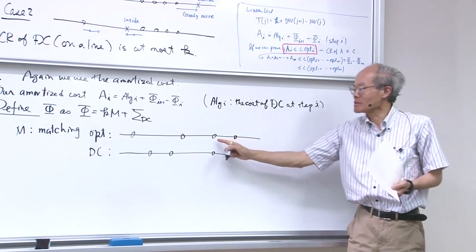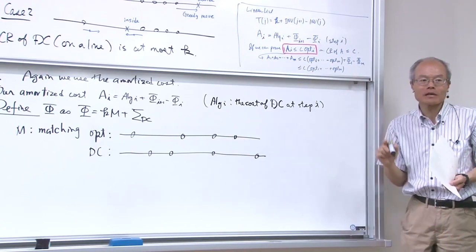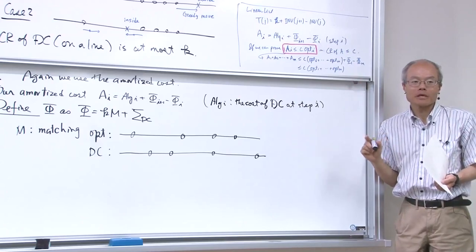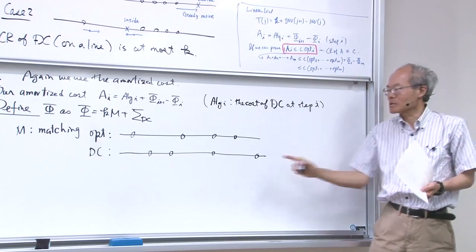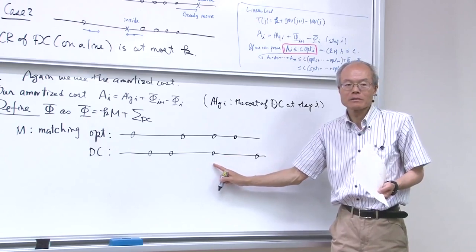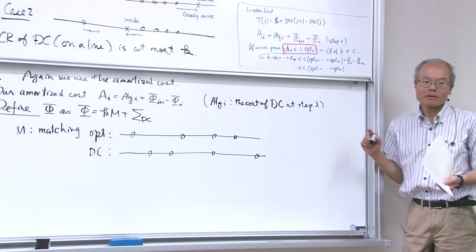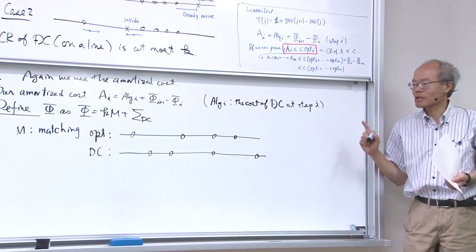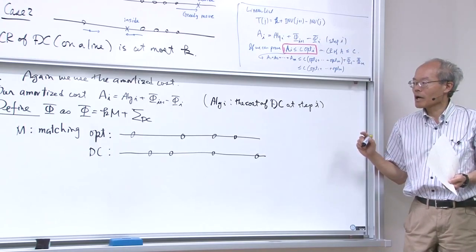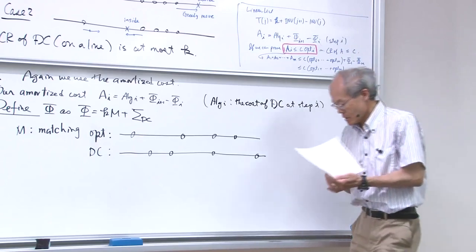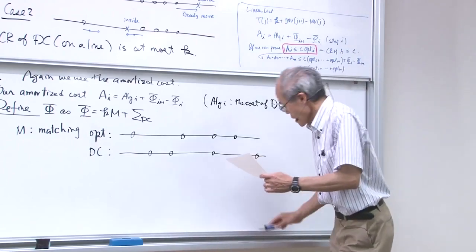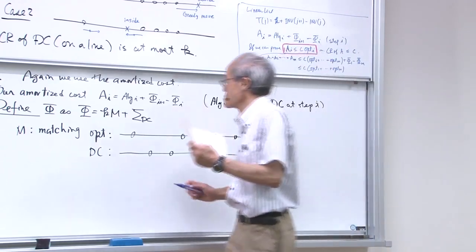In this case, this position is the same. Why? Because this is the last request. So at least one position is the same. But anyway, M is a matching.